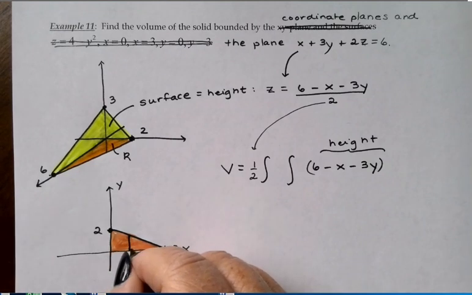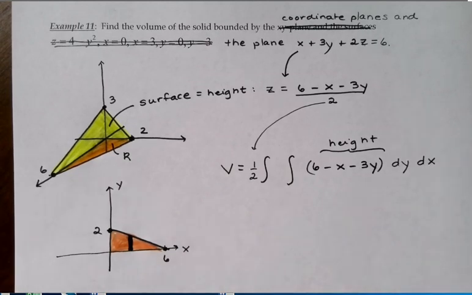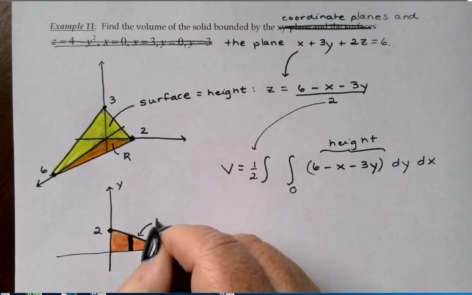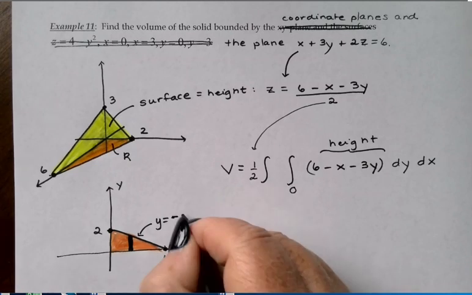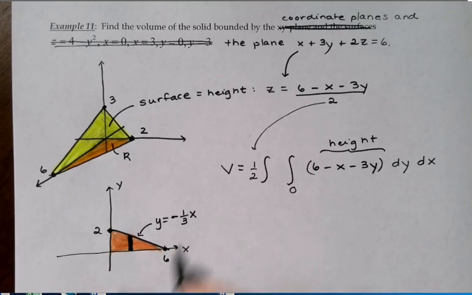All right, looking at this, it doesn't really matter, but I think I'll choose vertical rectangles this time, meaning I'm choosing to go in the order dy dx. My lower limit for y would be 0, and the top of my rectangle is on this line. The equation of that line would be, let's see, it's a negative slope for sure, down 2 and over 6, so negative 2/6, or negative 1/3 for my slope, and then the y-intercept would be a positive 2.